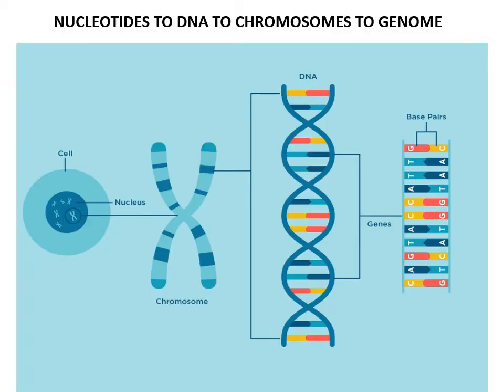Okay, so let's follow this sequence from the base pairs, which is on the right, all the way to the left, where we have a cell with a nucleus in it that is containing the genetic information in the form of chromosomes. Okay? And we have 23 pairs of chromosomes.